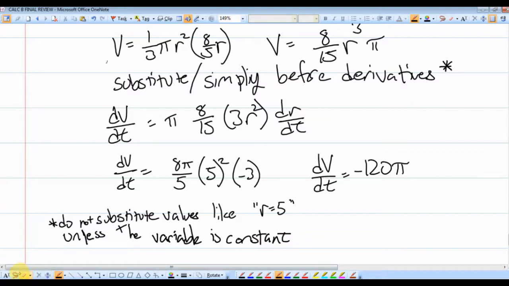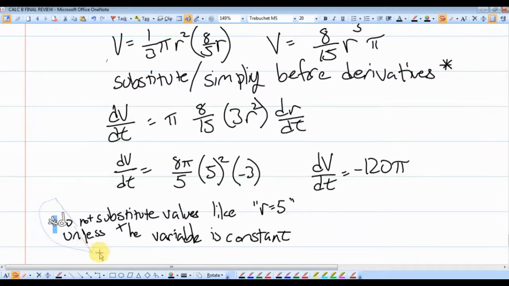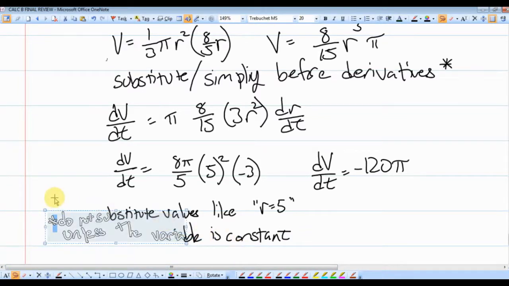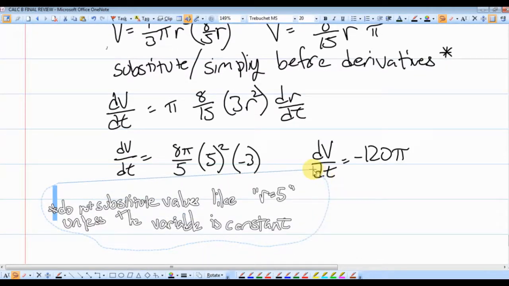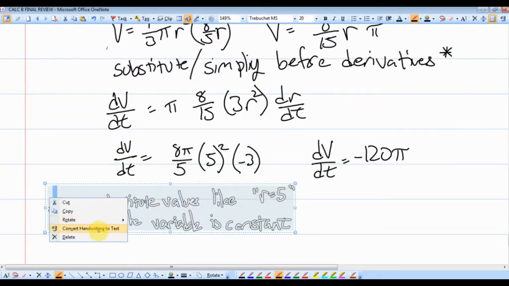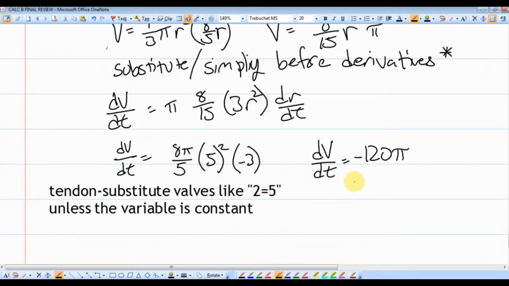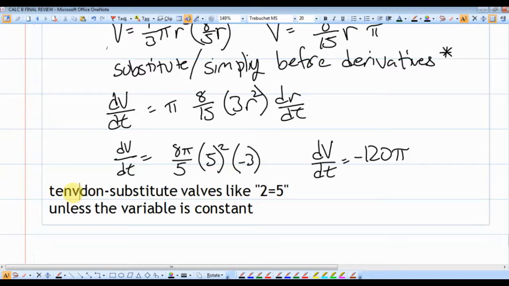Boy, that looks really ugly, doesn't it? Do you think it'll simplify my handwriting for me? Let's try it. What did I write?